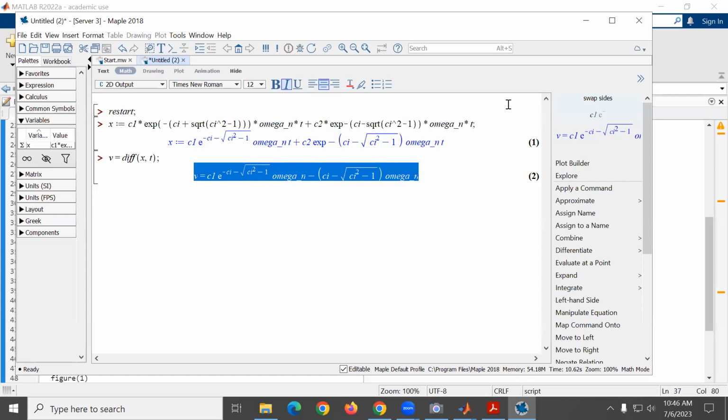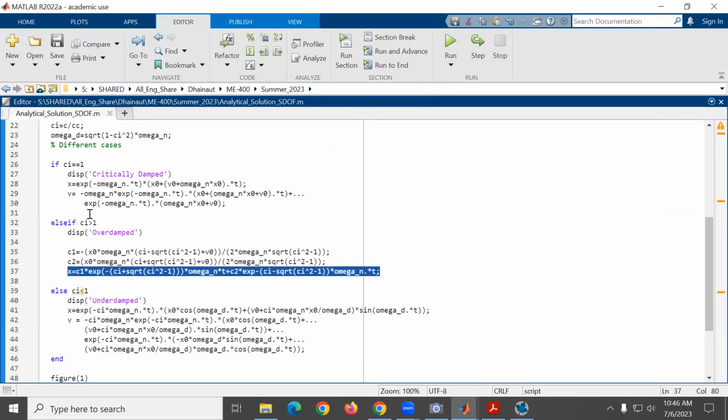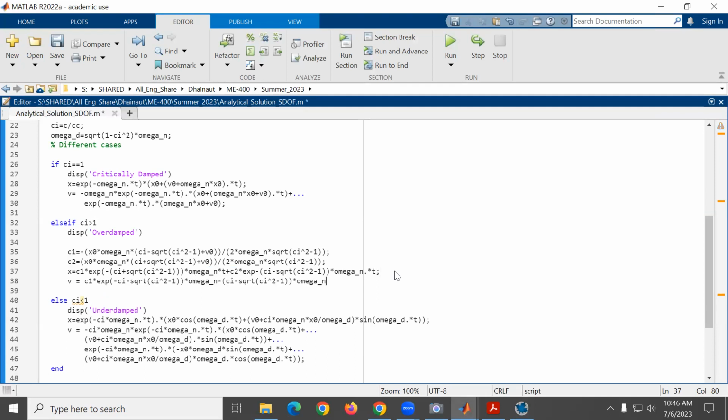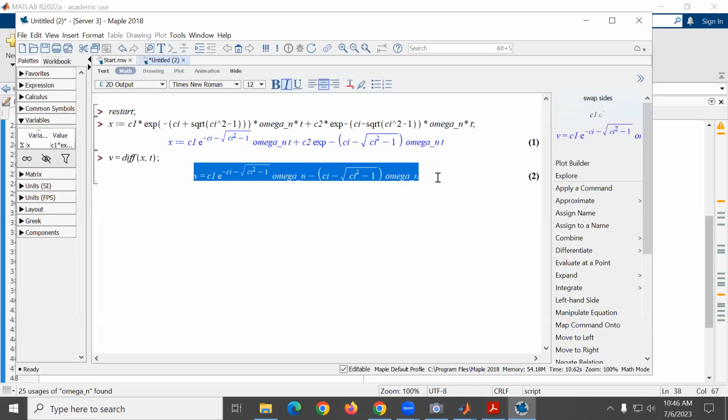Midpoint. Overdamped. Oh, and here, even if you want, you see, you could move this one to the next line, but it doesn't matter. You don't have to put it. But what happened to the T here? We lost it. Something wrong happened here. Something not right here. We lost the T here. Yeah, let's see what's happening here.